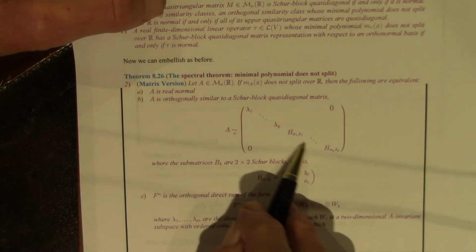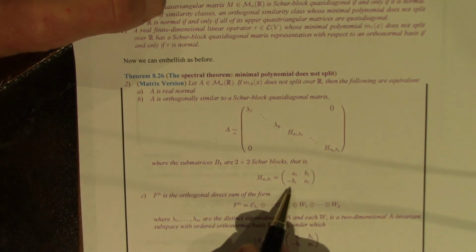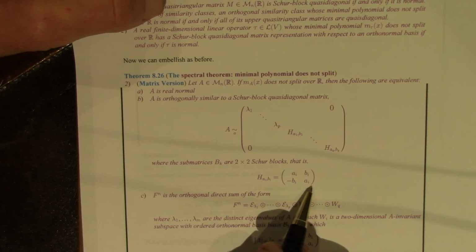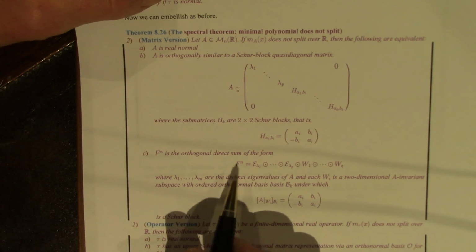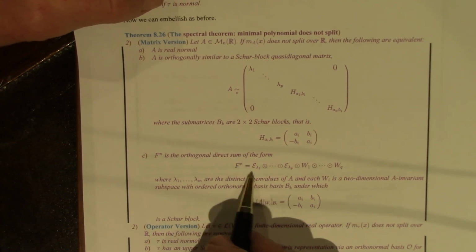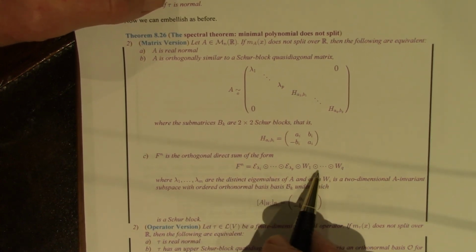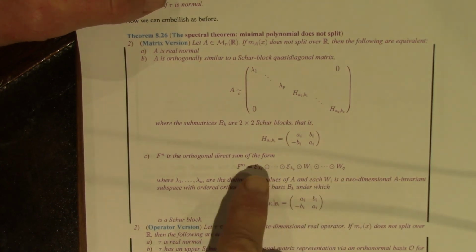And these 2 by 2 irreducibles are Schur blocks, so they have this form. Fn is an orthogonal direct sum of this form. In the linear case, in the case where the minimal polynomial splits, we just had eigenspaces here.